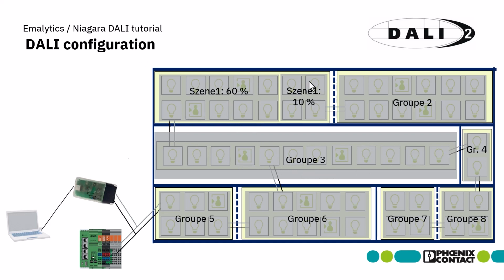So when all those luminaires in this group go to scene 1, those luminaires go to 60%, those luminaires go to 10%. There are also some other things we can define per DALI standard, and all those configurations will not be stored inside the controller. They will be stored in the luminaires and the sensors themselves.